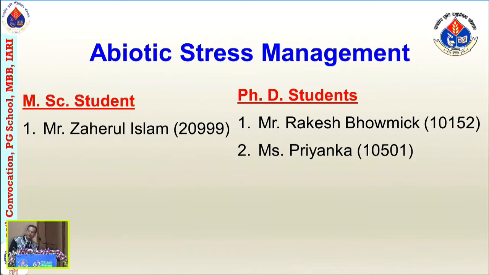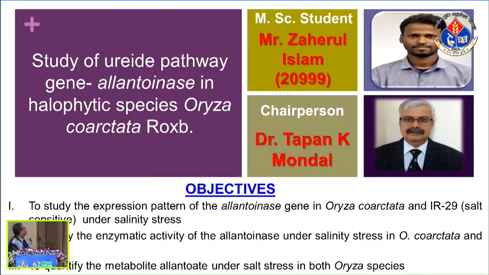In abiotic stress management, research work of 1 MSc student and 2 PhD students was carried out. Mr. Jahirul worked to find out the role of a particular pathway, the urate pathway, in salt tolerance in Oryza coarctata, the naturally salt tolerant species in the genus Oryza, under the guidance of Tapan Mandal.